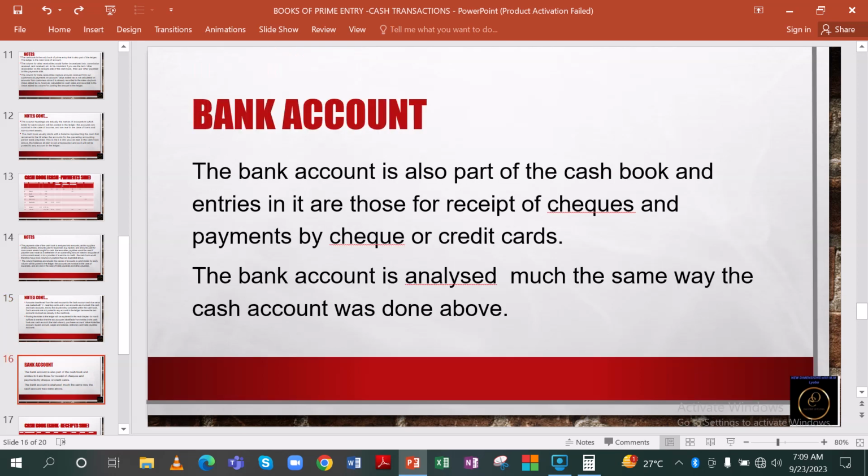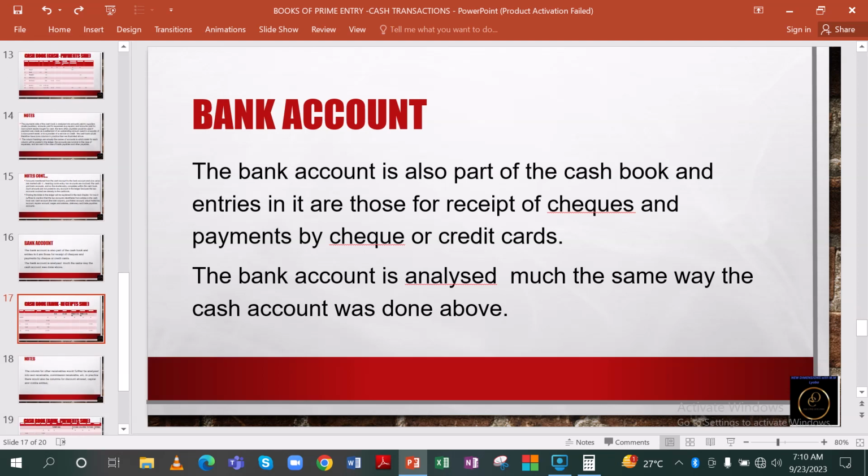Okay, so the bank account is also part of the cash book, just to emphasize, and entries in it are those for receipts of checks and payments by check or credit cards. Okay, so again, the bank account, as I've already said, is analyzed in a similar way to the cash account.